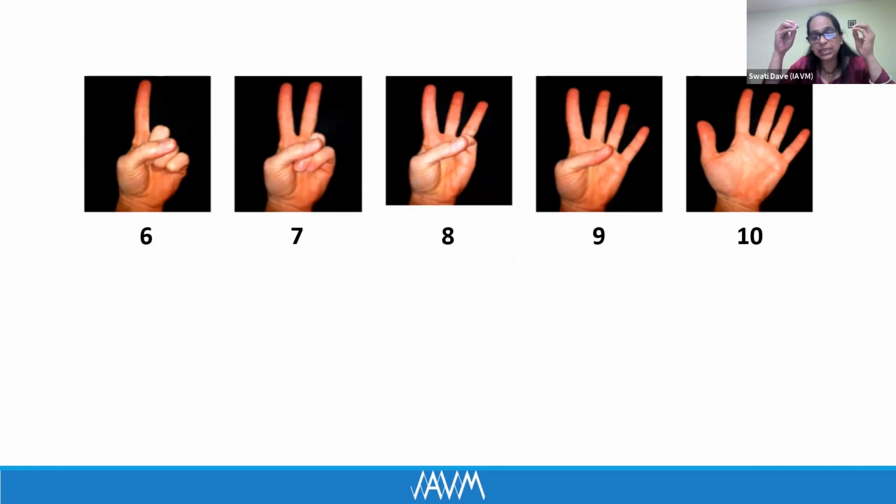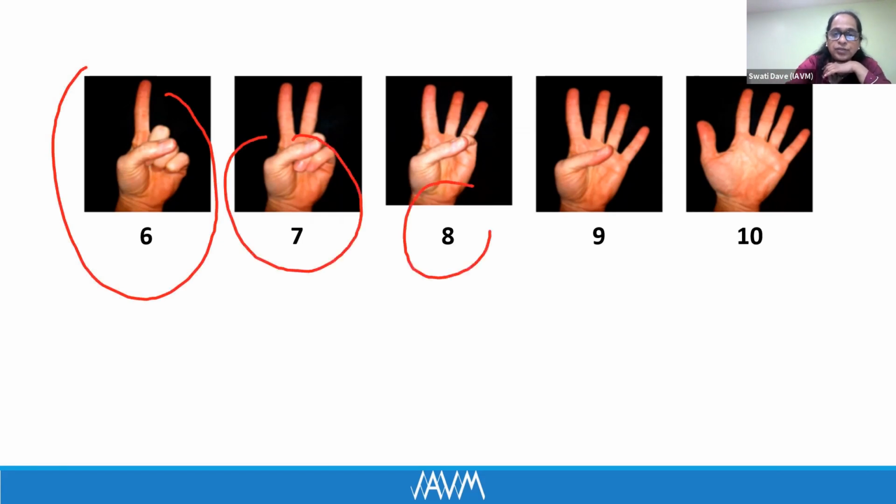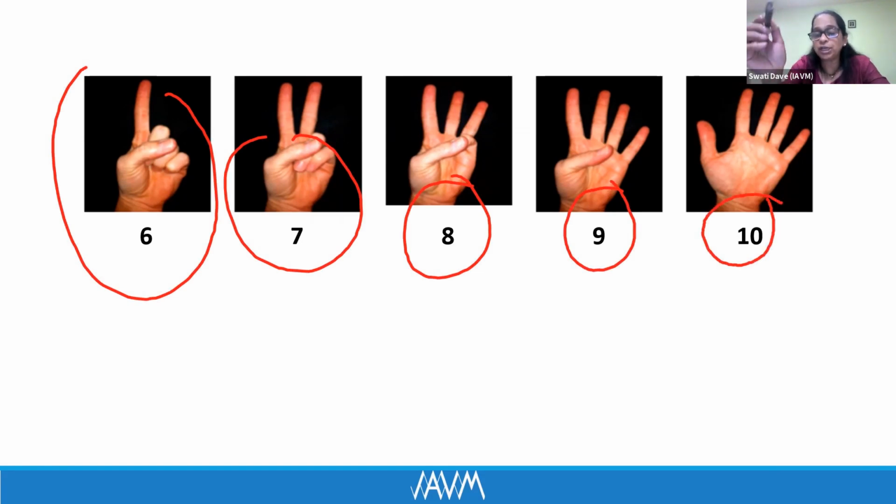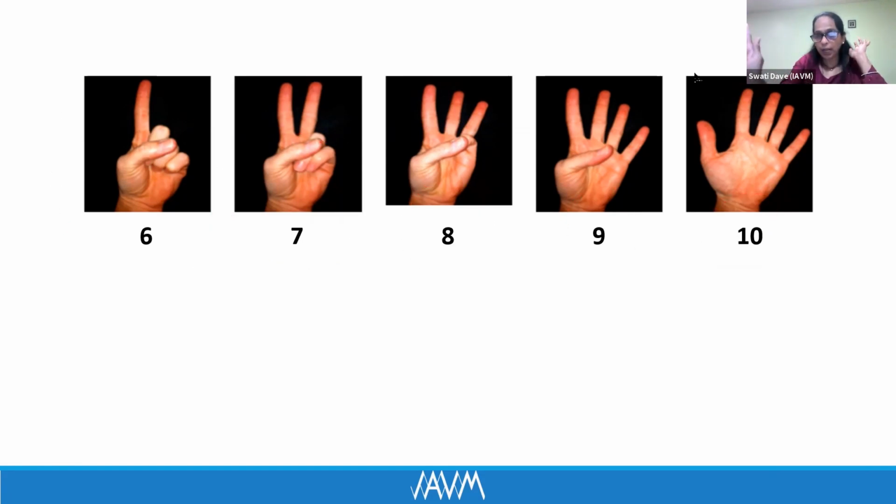As traders expanded their trading, they needed times tables beyond 5, so they took a base of 5. One finger becomes 5 plus 1 is 6, 5 plus 2 is 7, 5 plus 3 is 8, 5 plus 4 is 9, and 5 plus 5 is 10. Unfortunately, we just have 2 hands, and to multiply 2 numbers we need one hand for one and the other hand for the other, right?